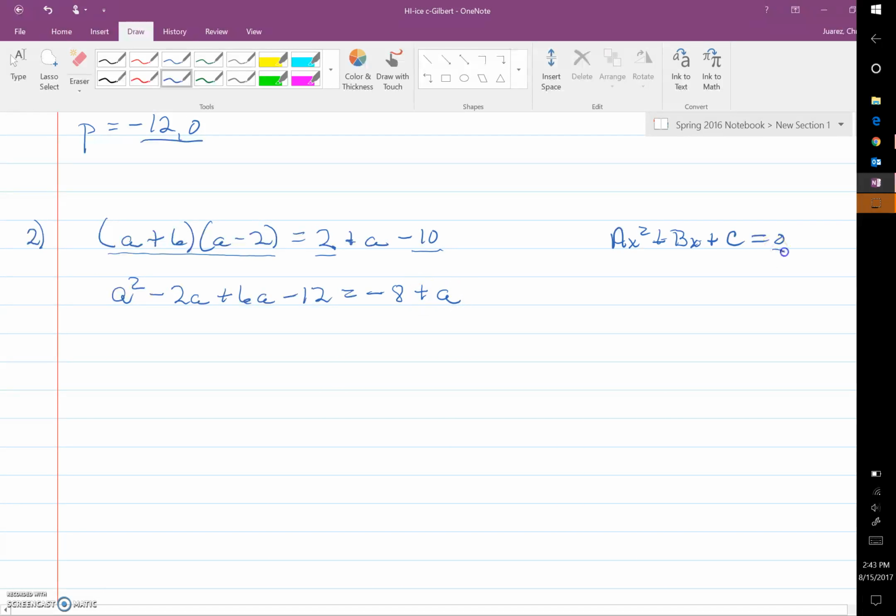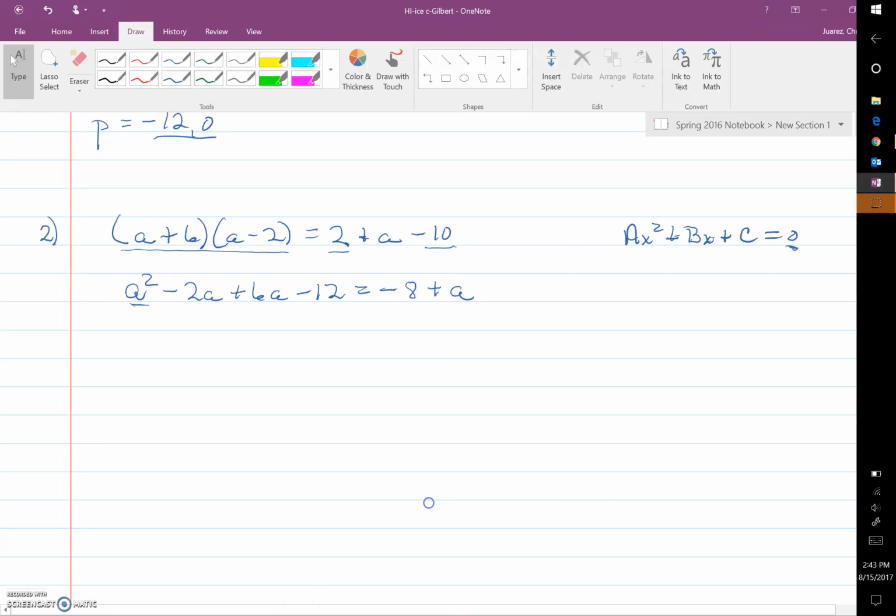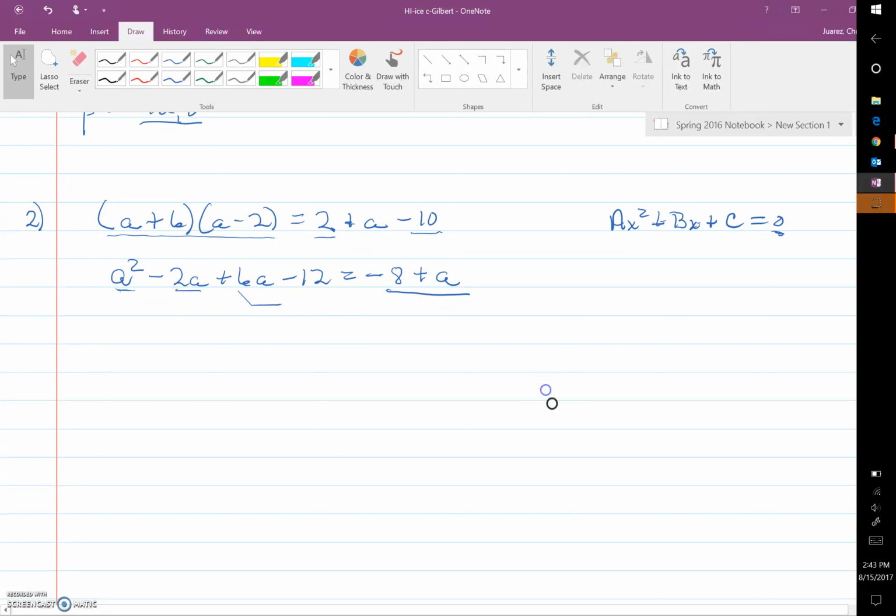Now, I need it to be 0 on this side, so here is my squared term. I always want to put everything where he is, and I want to keep him positive. So if he was negative here, I would move everything onto the right side. But because he's here, he's the only one, and he's positive, I'm going to move these two over to the other side. Actually, I'm going to unmess this up.